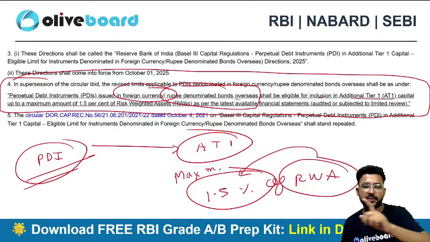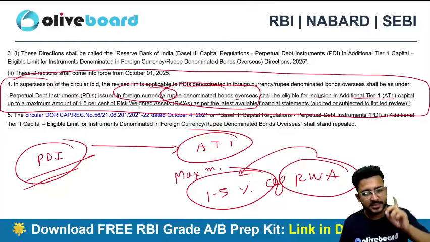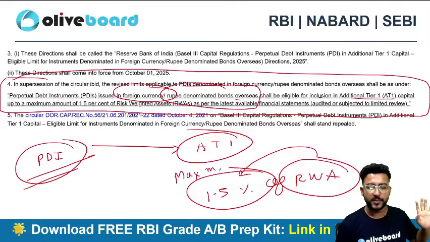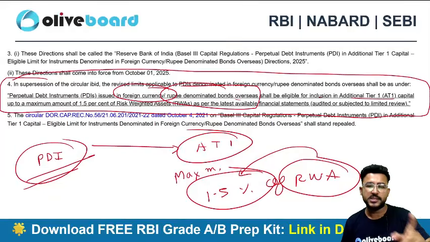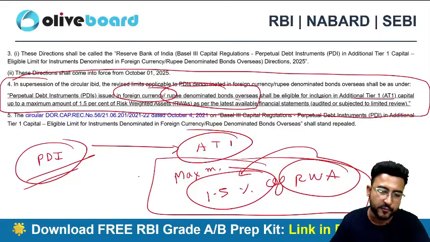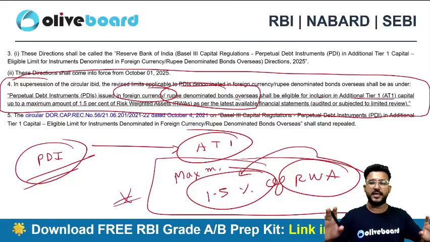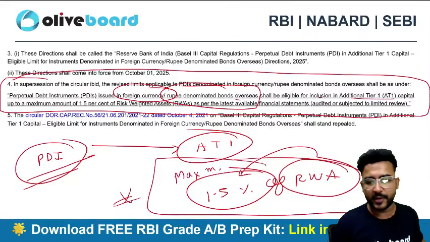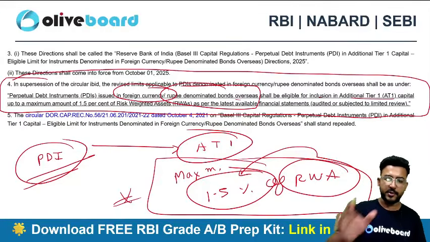First calculate the risk weighted assets. Calculate 1.5% of it. That's the maximum limit you can add. And please do remember, this is a foreign currency or rupee denominated overseas PDI, right? So this can directly come in your examination. Please do remember this maximum limit of 1.5%. This limit can directly come in your examination.